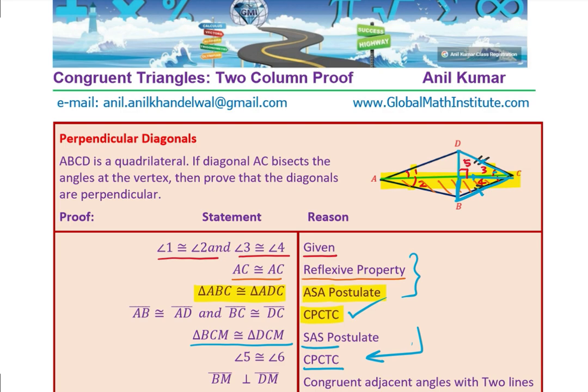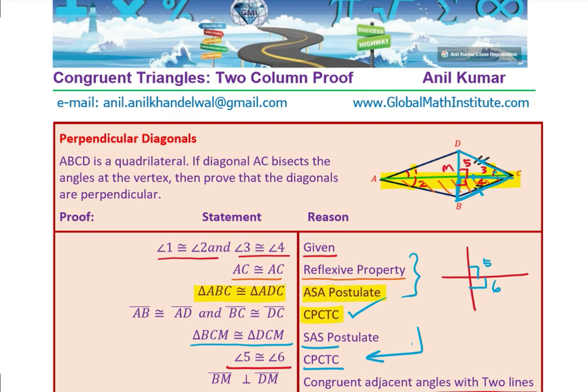Angle 5 at M and angle 6 are congruent. Since they are congruent and they also form a line, each individual angle will be 90 degrees. A very important property here is that if two lines form congruent adjacent angles, that means angle 5 is congruent to angle 6, then the lines are at right angles. You get the idea.